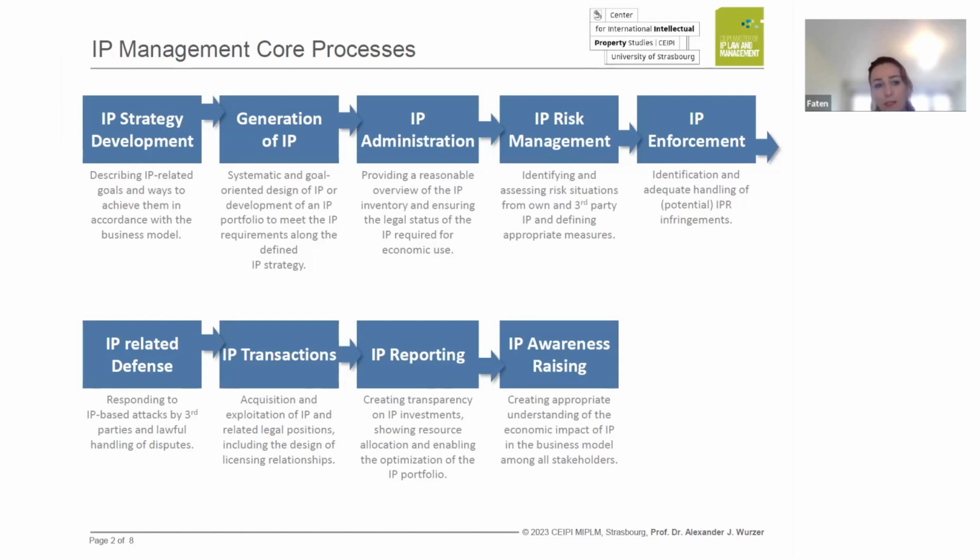Secondly, once we have the IP strategy, we generate the IP. So we will create all the IP assets like patents, trademarks, copyrights, trade secrets. And then we should create processes to manage the day-to-day operations of all these IP assets.